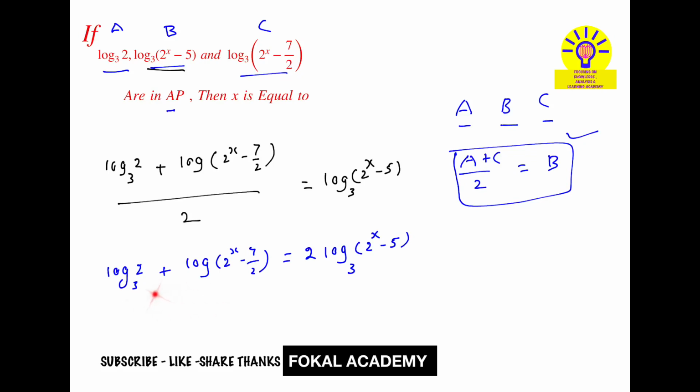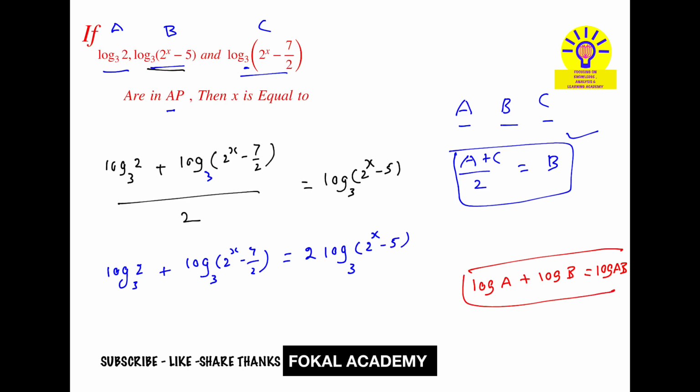Now how can we simplify it? Here both terms have the same base. Whenever bases are the same, log A plus log B can be written as log AB. So apply this law.